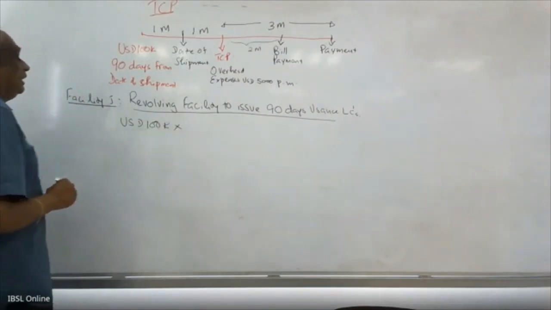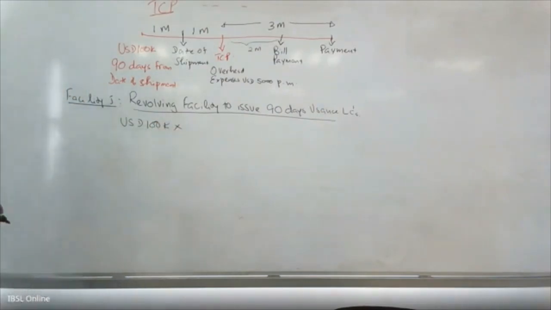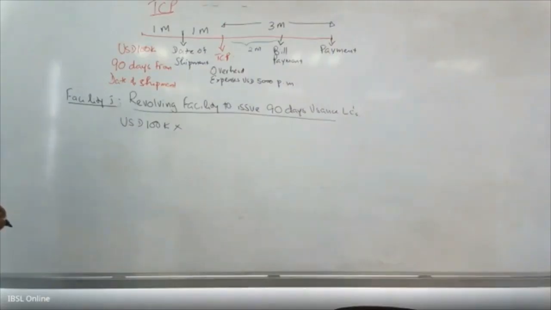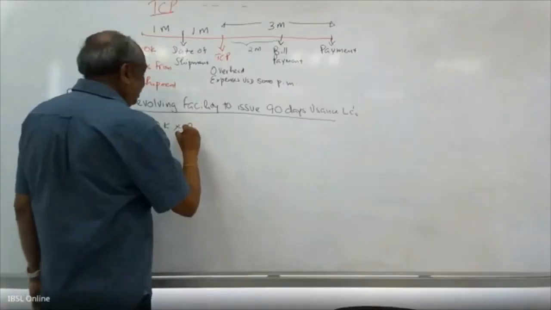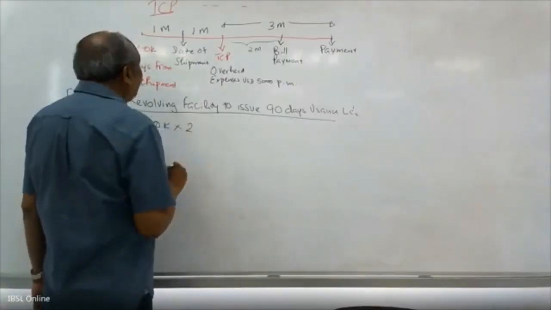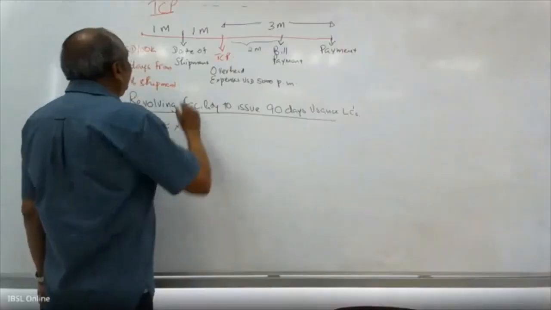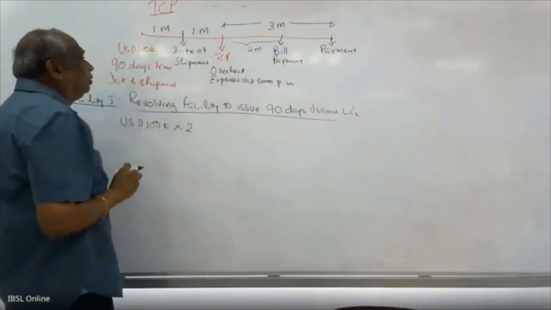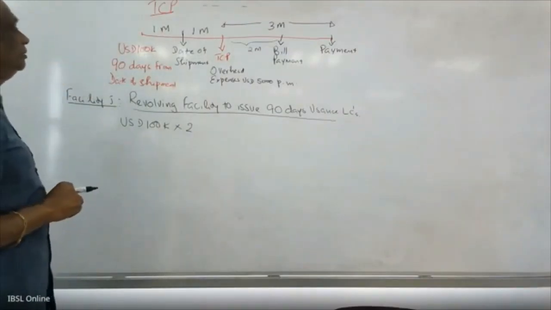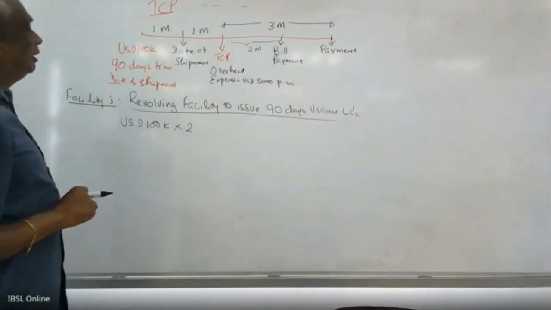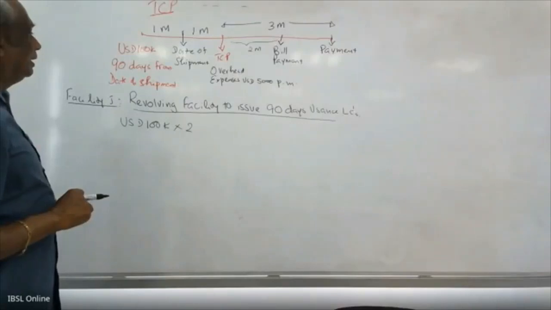into what's the lead time? 2 months. 4 months. Huh? 3 months or 2 months? 4 months. Whether 1 month, whether 2 months. Lead time is 2 months.